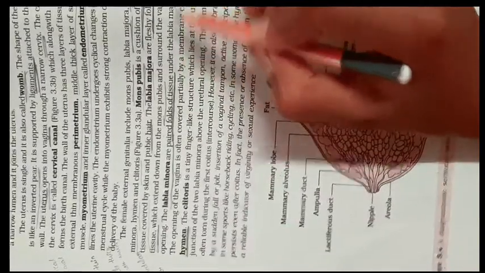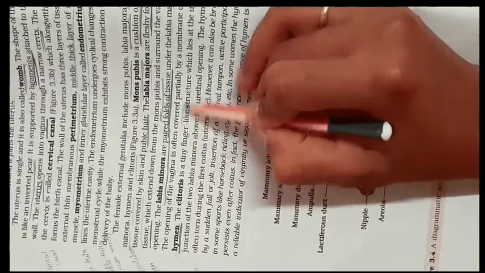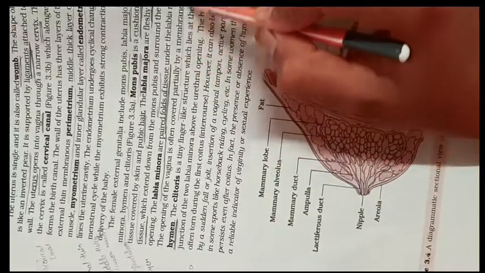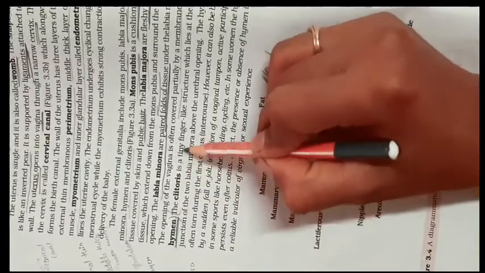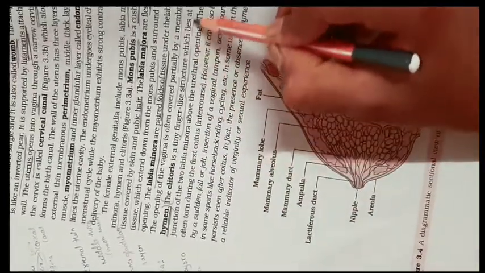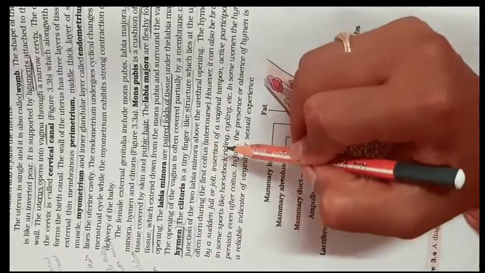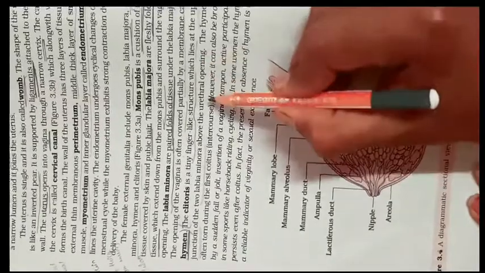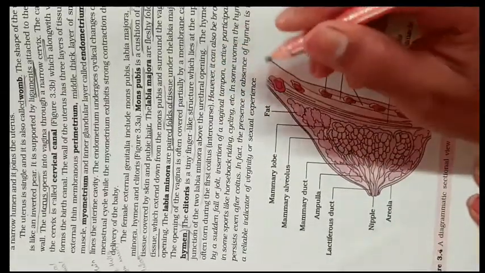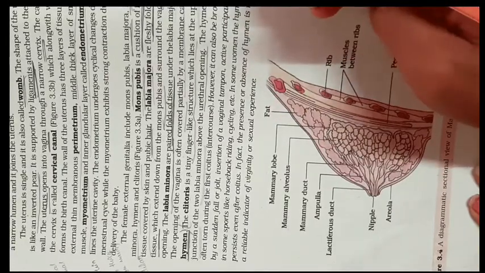Under the labia majora, the opening of the vagina is often covered partially by a membrane called the hymen. The clitoris is a tiny finger-like structure which lies at the upper junction of the two labia majora. Above the vaginal opening, two openings are present in the vestibule: the urethral opening and the vaginal opening.